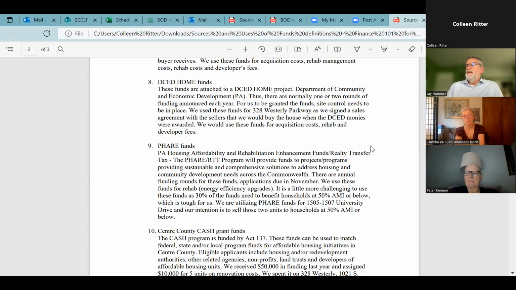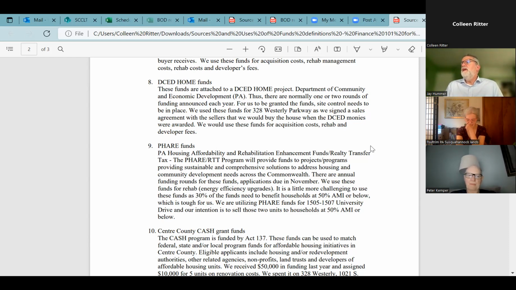I think it does. Colleen's muted. Sorry, I was coughing. Yes, through the borough. We were just saying that all the federal money flows through the borough to us. Yes. Okay.